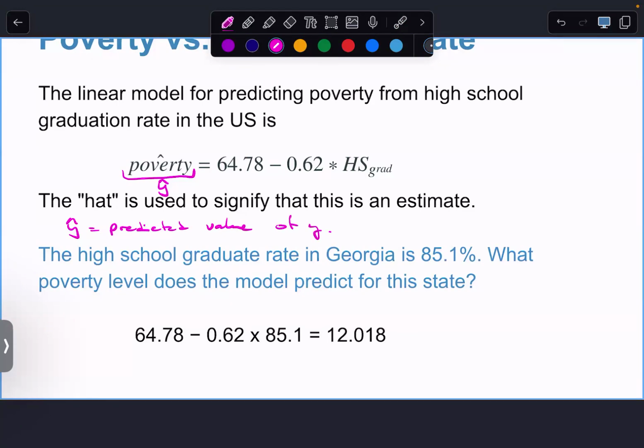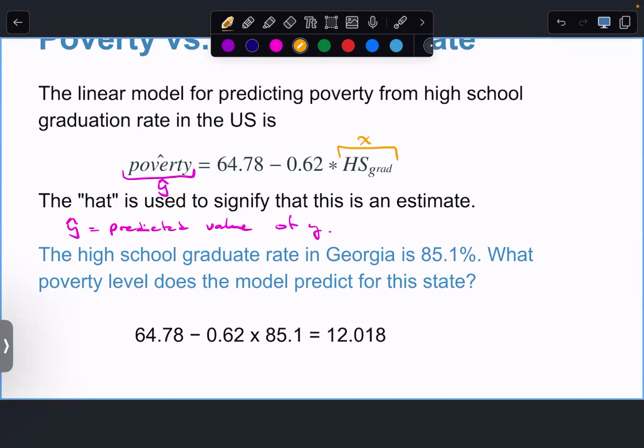So now in the regression sense, the hat means it's a predicted value, right? And we often replace the y and the x, this high school grad is the x, with a shorthand version of the variable name, because then it's easier to read.